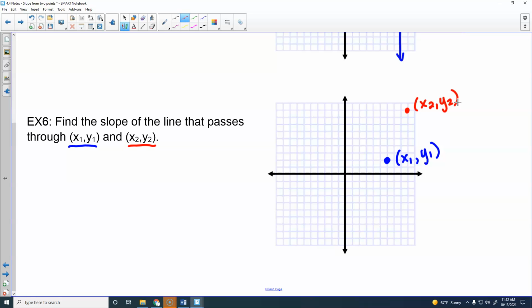Whenever I'm looking for a slope, I need to know how far this distance right here is. Now, if I use the points that I've got here, I could count them, but this is x1 and y1, they're not set points. I could count what I've graphed here, but that would just be for these points.